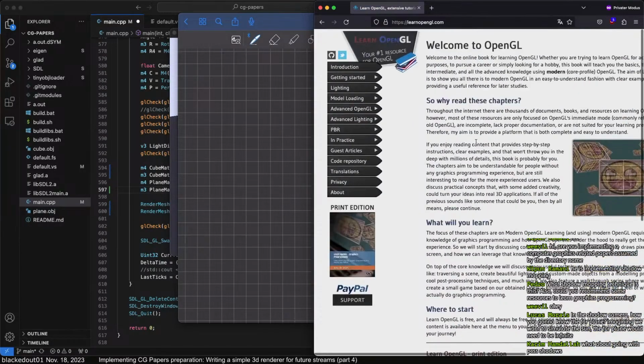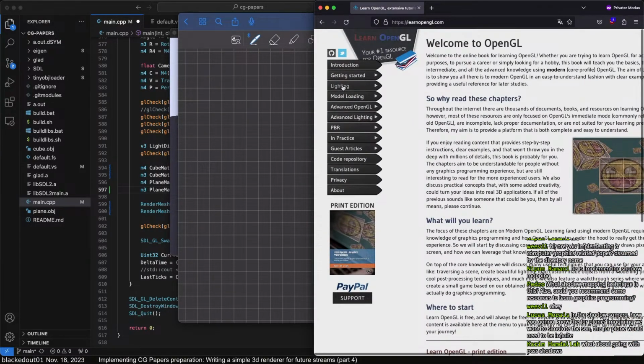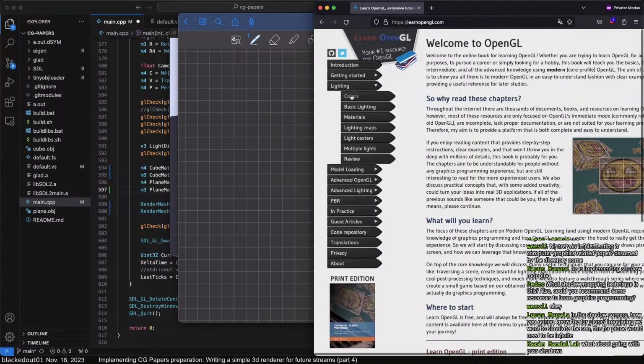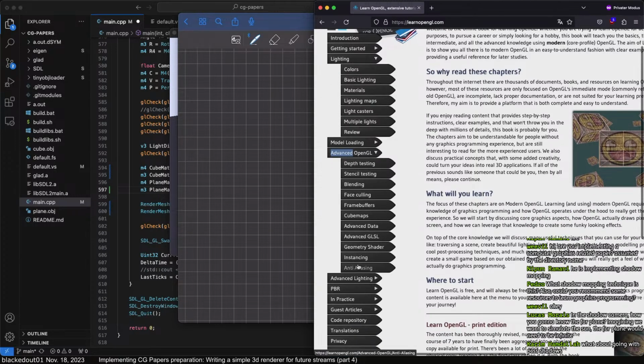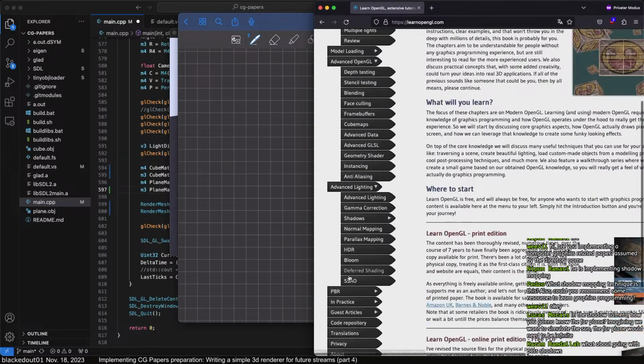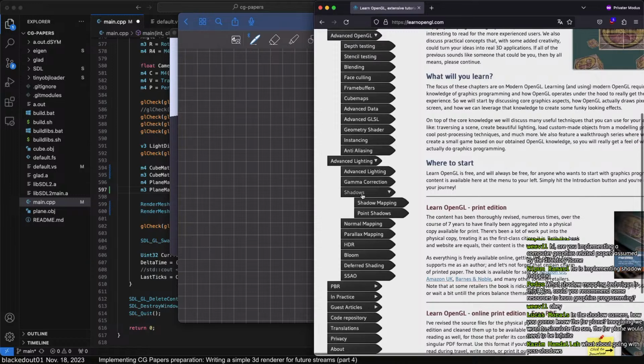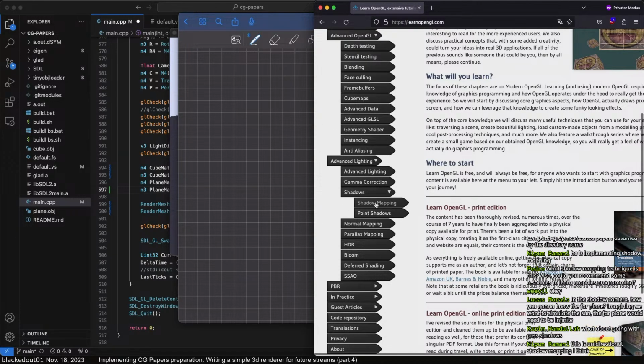There are a lot of articles on how to do OpenGL rendering, and there should also be one on shadow mapping.